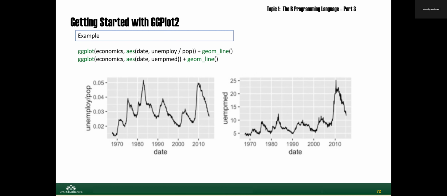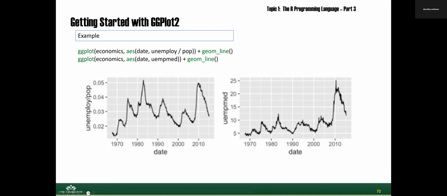Again, as I said before, you really do have to understand the data, what everything means, in order to lend some interpretation to the results. In this first graph, we graph the unemployment rate by date, and we used a geom_line to see that relationship.